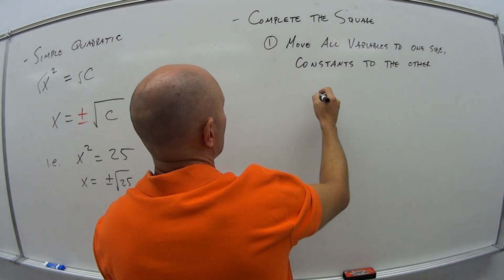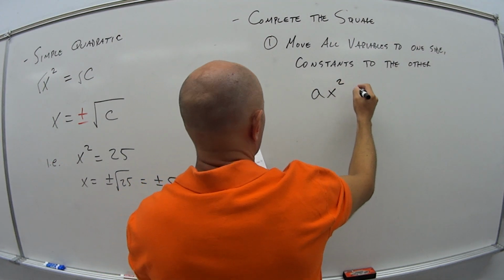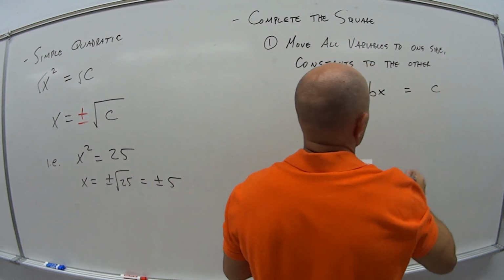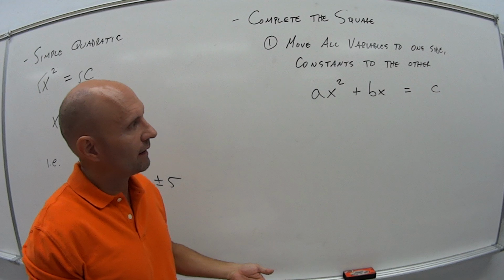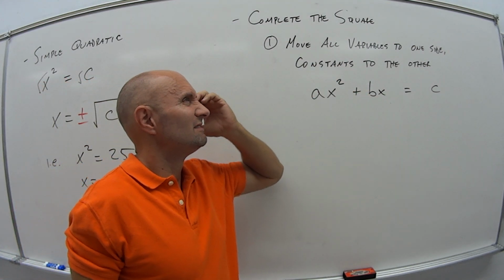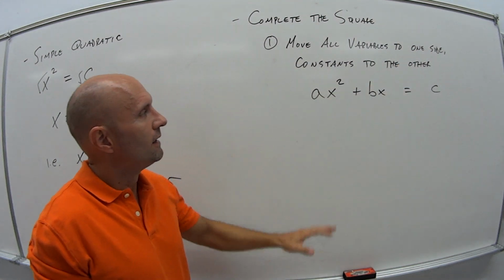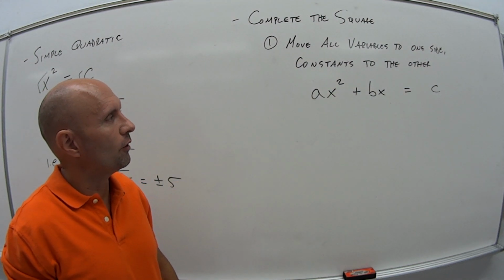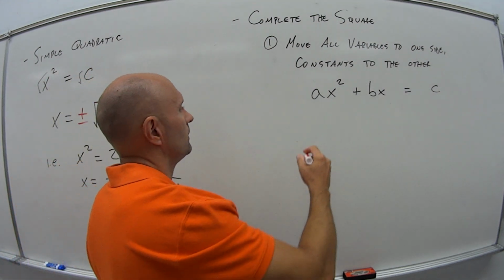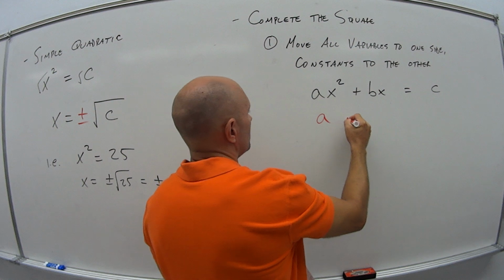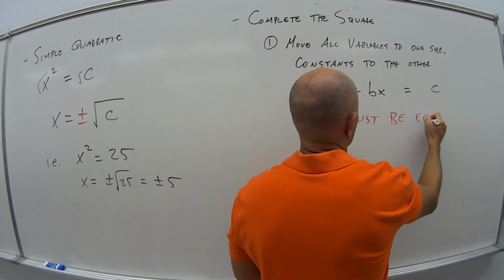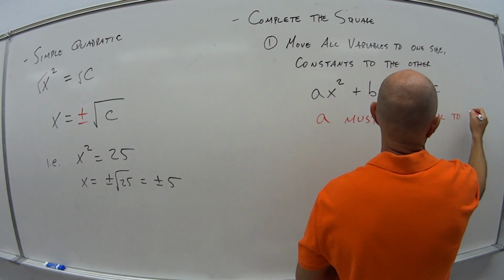So what we're going to end up with at that point is ax squared plus bx is equal to some value c. So if you remember that last example we did, we had x squared plus 5x is 24. So it would look of that form. Now, what is absolutely critical here is that a must be equal to 1.